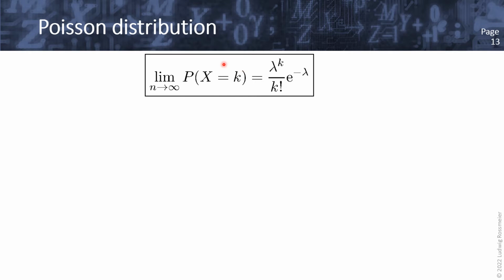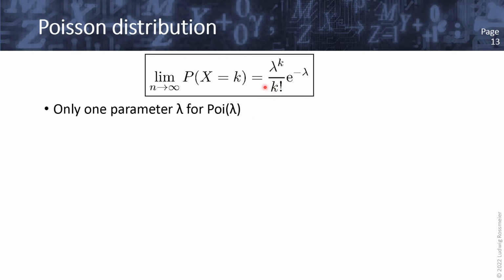I rewrite the limit here, and due to our simplifications, the remaining term is lambda to the power of k divided by factorial k times the exponential of minus lambda. So this is a quite small equation, and we see we have only one parameter, which is lambda, for the Poisson distribution, sometimes written as Poisson of lambda.